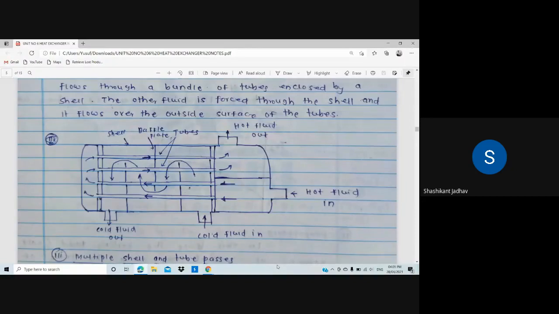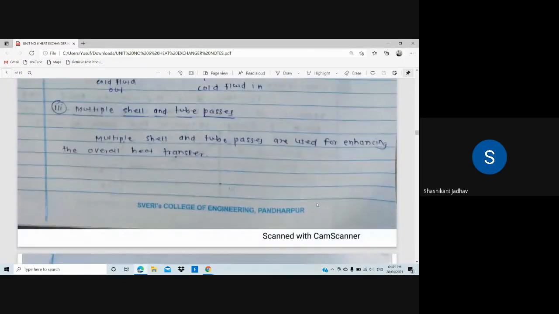Okay. So this is the shell and tube heat exchanger. Now we have to see the next type of heat exchanger according to the design and constructional features.